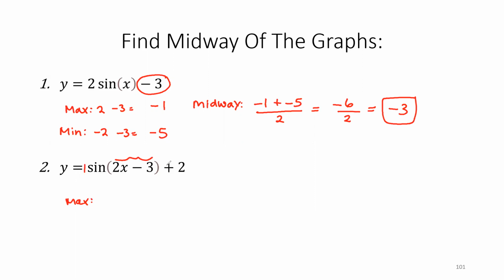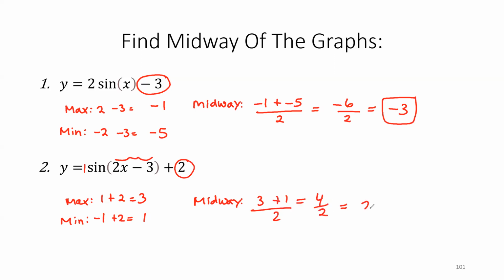Our max is this, plus we have a vertical shift, so it's going to be 1 plus 2, which is 3. And then your min is -1 plus 2, which is 1. So your midway is the average of the maximum and minimum. So it's 3 plus 1 divided by 2, which is 4 over 2, which is 2.